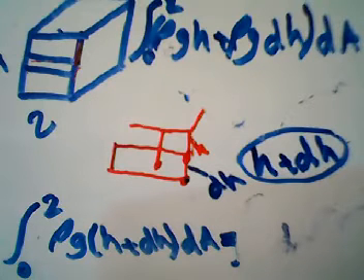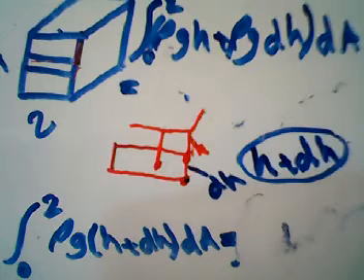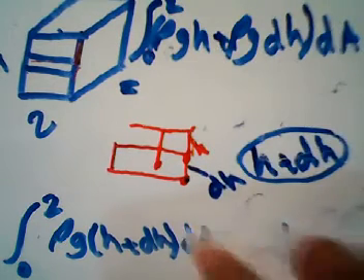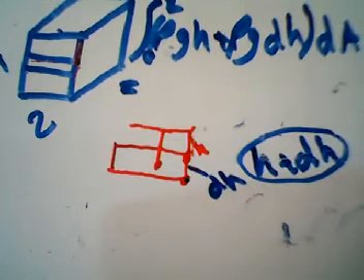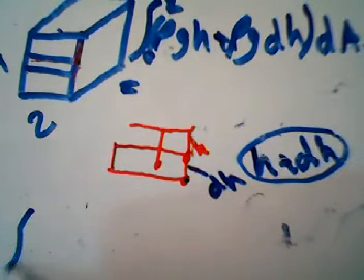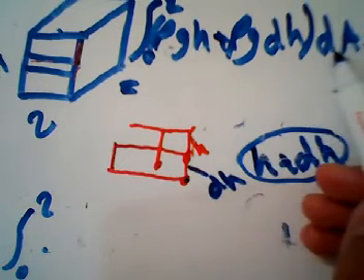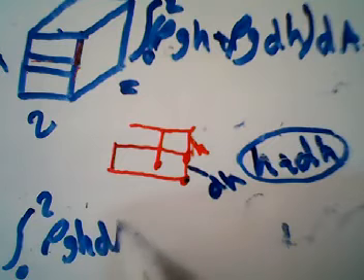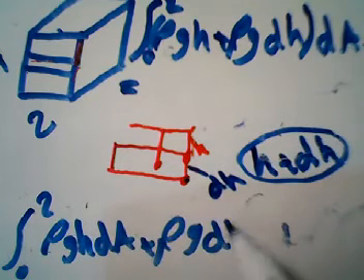Okay, now let's write it here again, which is, let's multiply by dA: rho g h dA plus rho g dh dA.